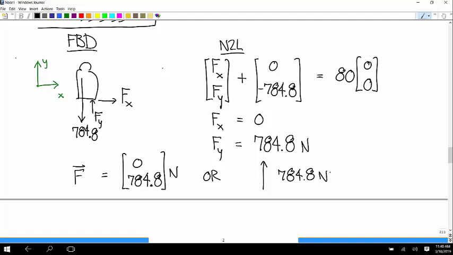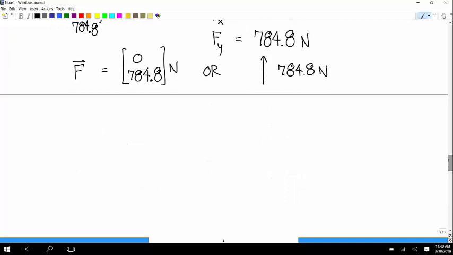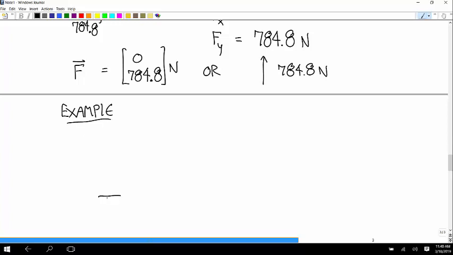Okay, let's do a similar one, the same person. But now let's say that the scale is on an elevator, and the elevator is accelerating down at, let's say, 2 meters per second squared.